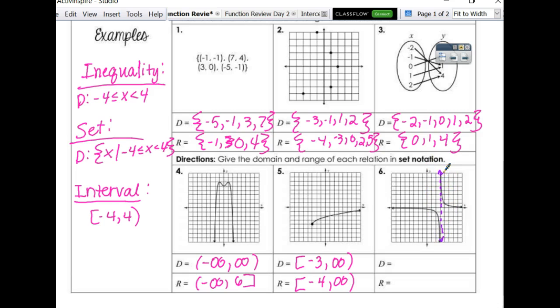The asymptote goes there, right? Are you going to touch an asymptote? No, you're not. So if I go from here to here, I have to stop at the asymptote. So I'm going to get negative infinity to, is that at 3? 3, and then 3 to infinity.